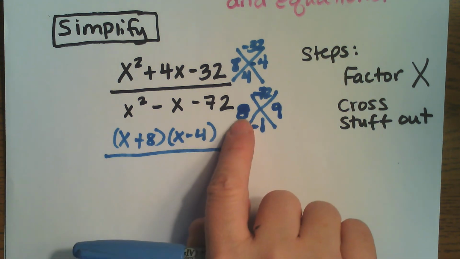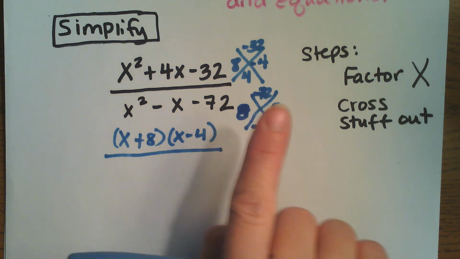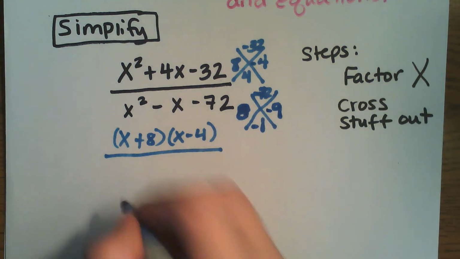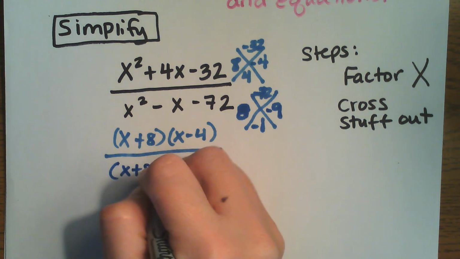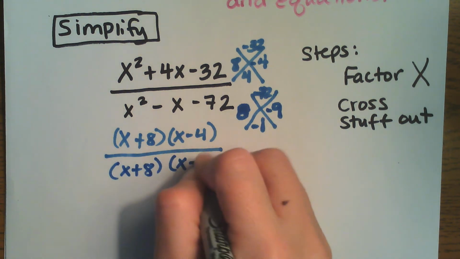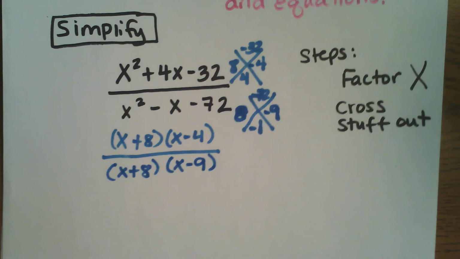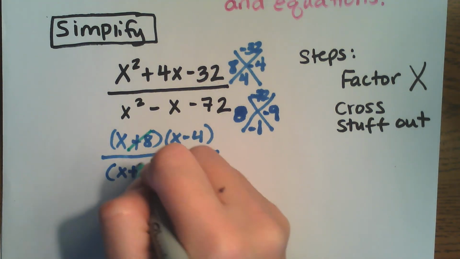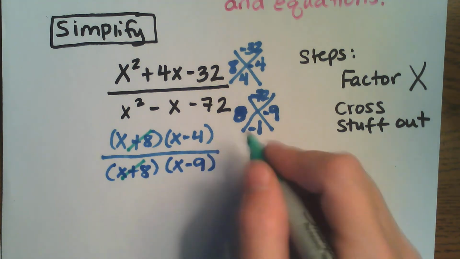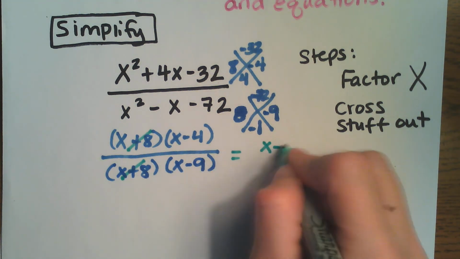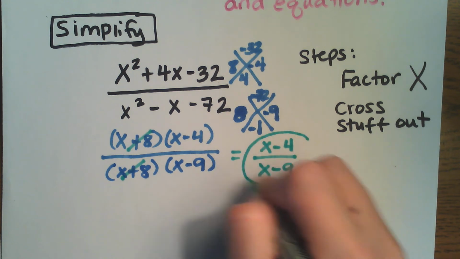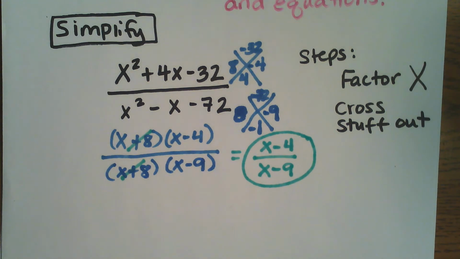I'm willing to bet that the positive needs to be with the 8 and the minus needs to be with the 9, just like you said. Because I'm looking for something to match so that I can cross it out. We're going to cross out those x plus 8s that match. So then the answer that's left is x minus 4 over x minus 9. So that's the first thing we learned in this unit.